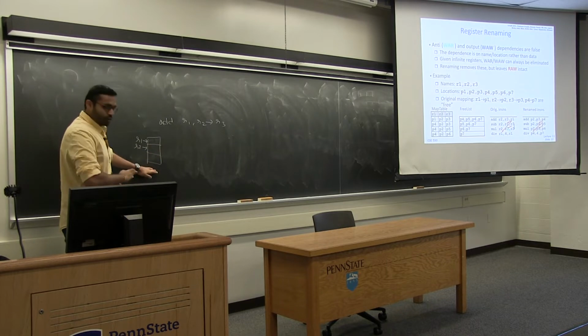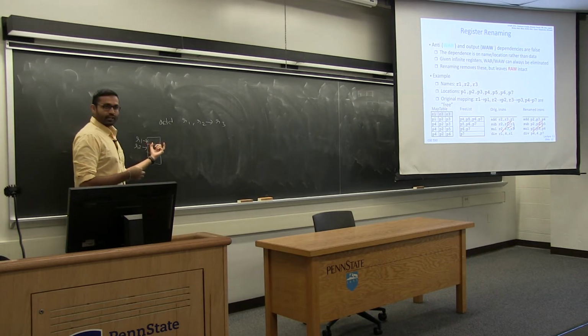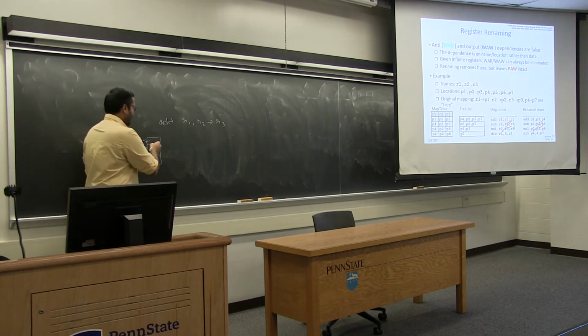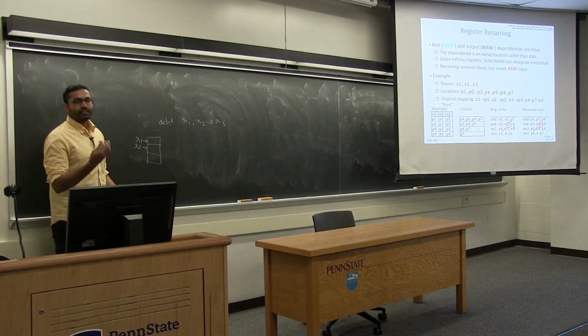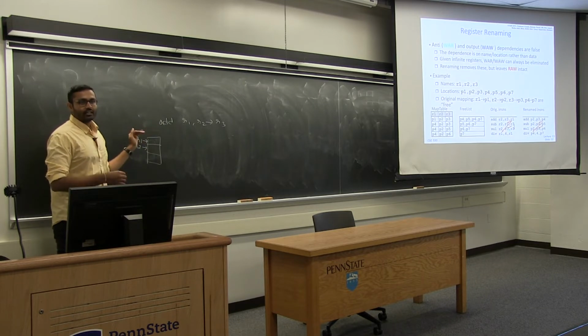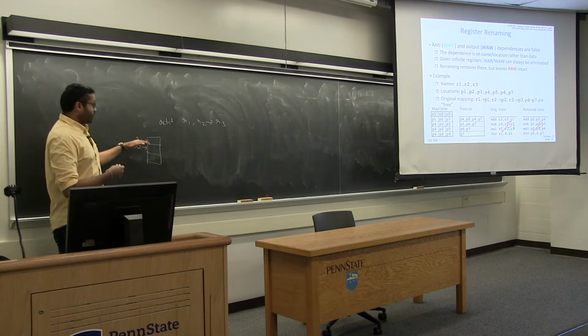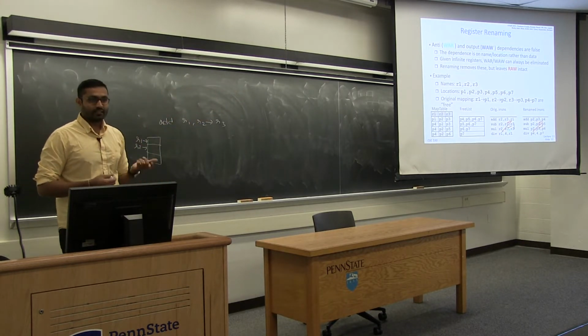This is a valid design, but the problem is that if you have only one location at which R1's value can be stored, then if you want to reuse R1, you necessarily have to wait until all of the dependencies on this value have been resolved before you can write the new value of R1. But if you do that, you end up with these write after write and write after read dependencies.